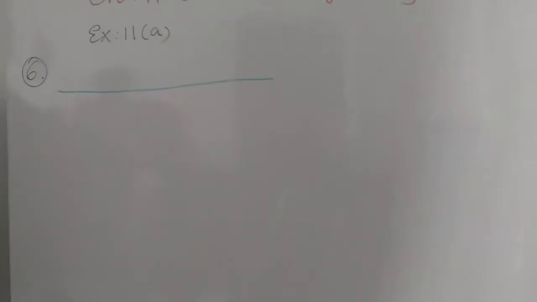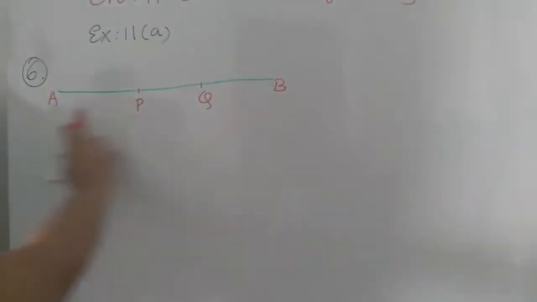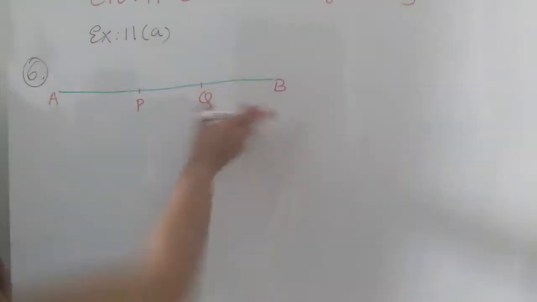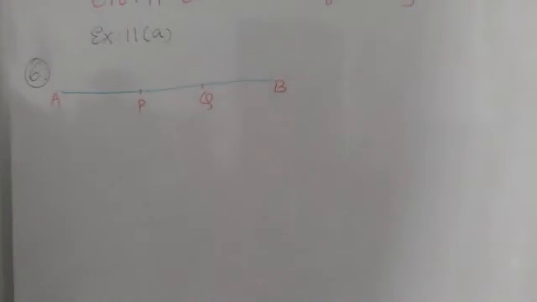This is some line segment AB that I am taking, and P and Q are the points of trisection. The meaning of it is that it will divide the line segment AB into 3 equal parts. It means we call it a point of trisection.